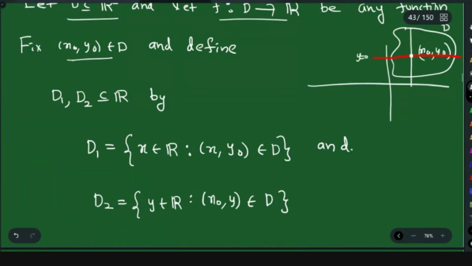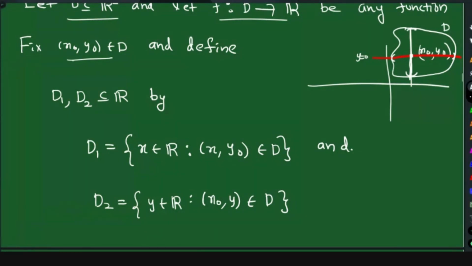Now D1 is all those points such that (x, y0) belongs to D. So you have to take this much portion, that is your D1, and D2 is this much portion. Those things which are inside D, that is your D1.